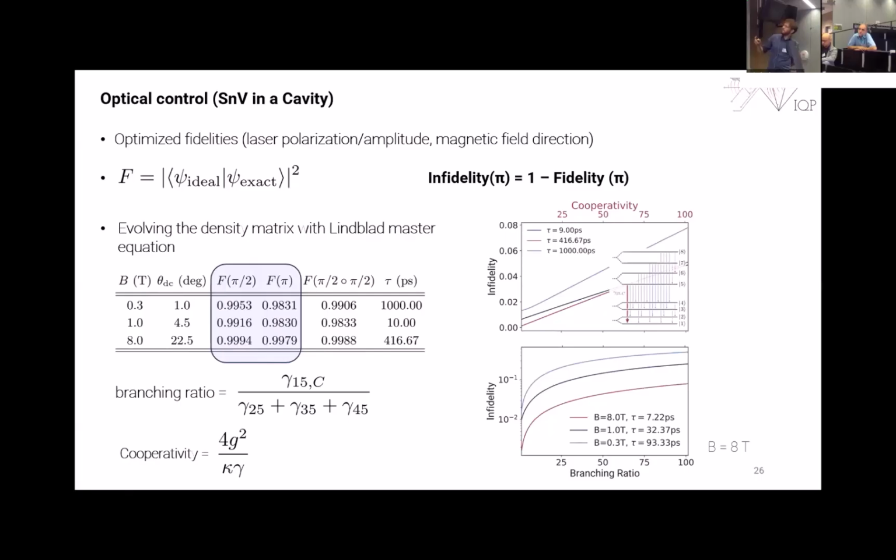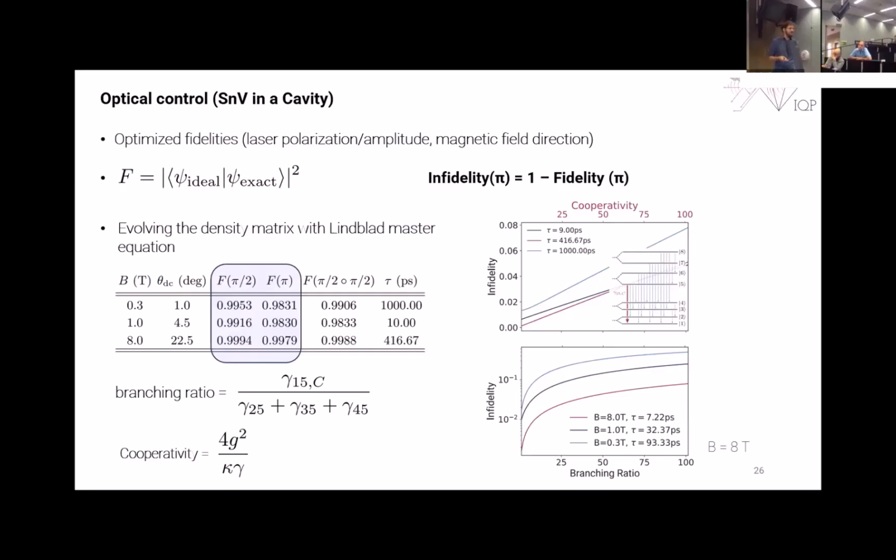These are just parameters that go in here, and then you can look at how this fidelity is affected by, for example, increasing your Purcell enhancement. In general it will get worse because during a pulse, if you enhance one of the transitions, there's a greater probability of decaying during the pulse, which creates two photon excitation events, and this will then affect the fidelity of your resulting states.